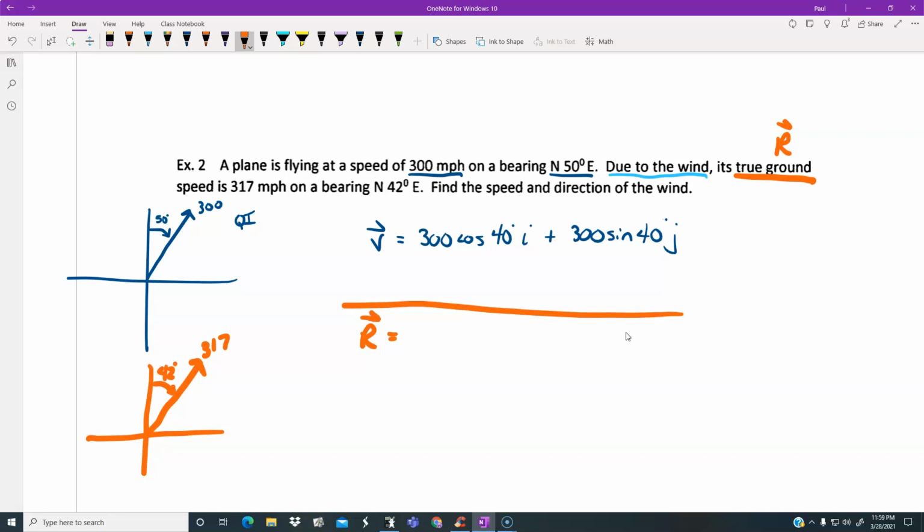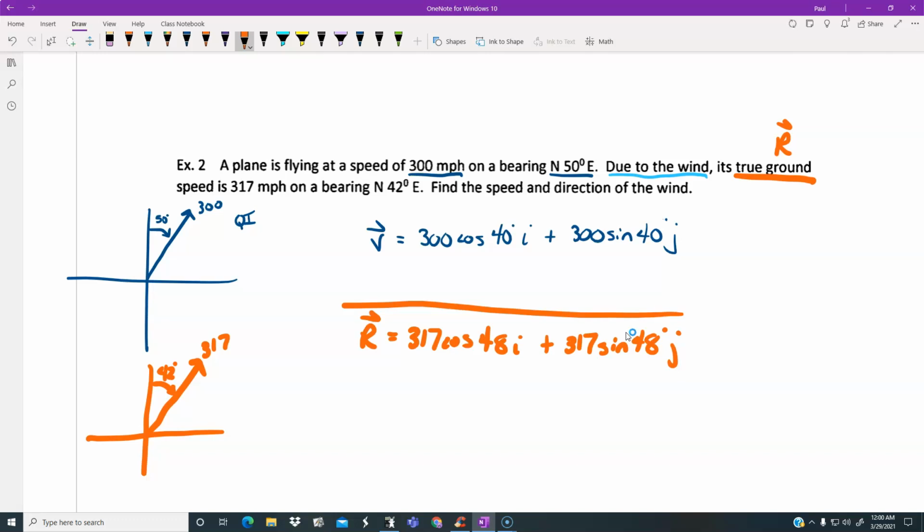Now, if I write that one, I'd get 317 cosine of not 42 degrees, but its reference angle, which is 48 degrees. I think it is 48 degrees. Yeah, I think it is. 48 degrees i plus 317 sine of 48 degrees j.